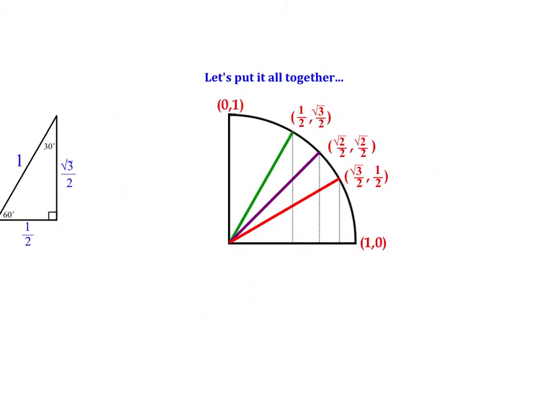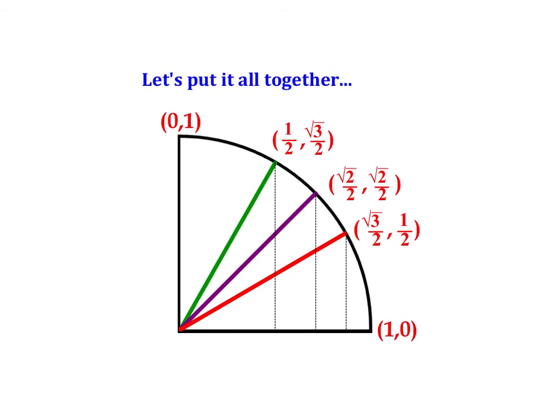All right, let's start putting that all together. Within the first quadrant of that unit circle, here are the angle measures and their corresponding cosine, comma, sine values. So it's cosine, comma, sine for all of those. We have a 30-degree angle. We have a 45-degree angle. And we have a 60-degree angle.